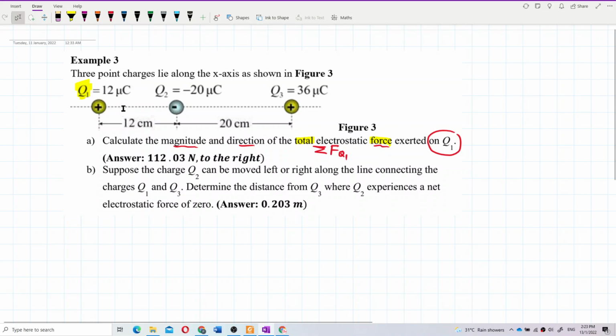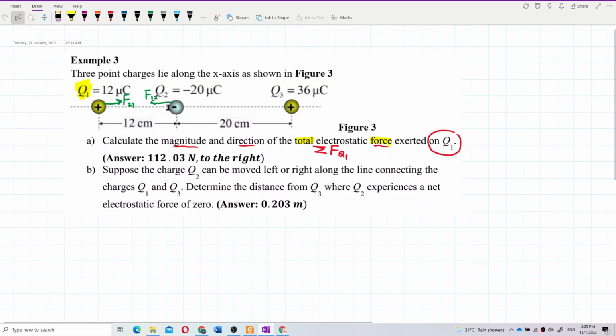They are opposite sign, right? Opposite sign, so they attract each other. This is F2 on 1, and this is F1 on 2.